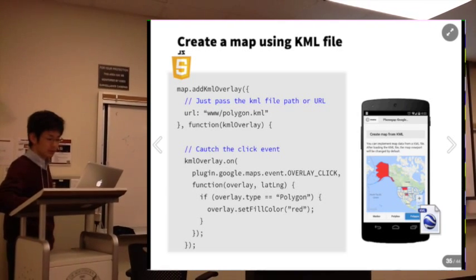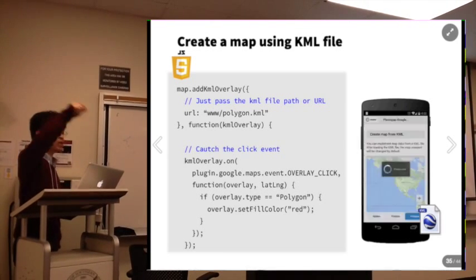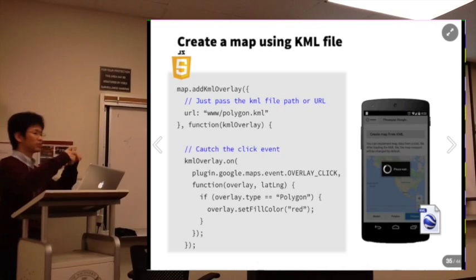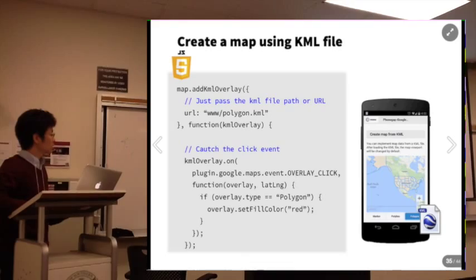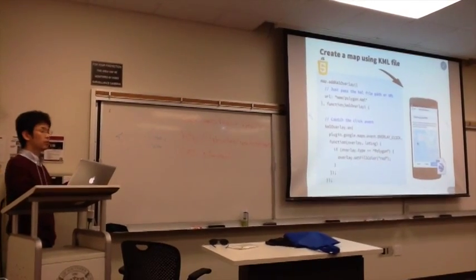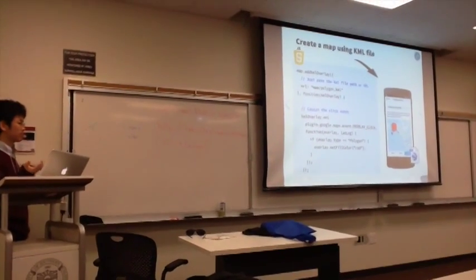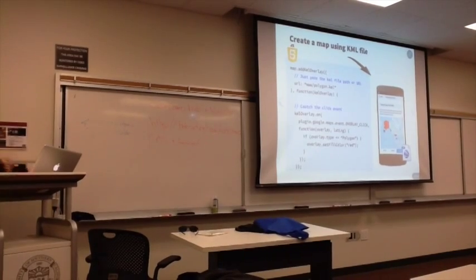You know, USA's polygon is many points. You don't want to write the points in the code. Just store the data in a KML file, then load it to the map.